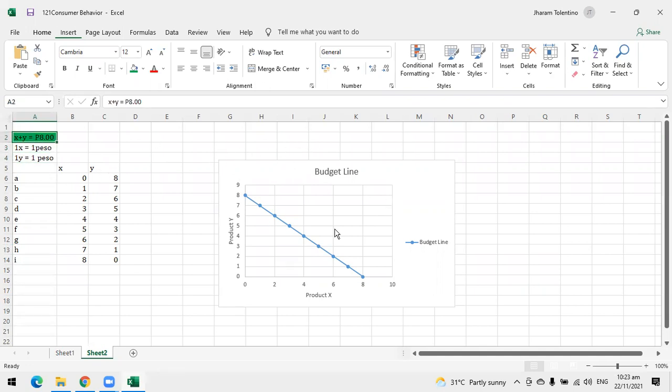So we need to find a mix or combination of product X and product Y whose value is 8 pesos. It's easy, common sense.